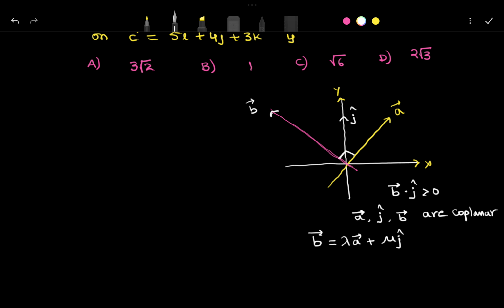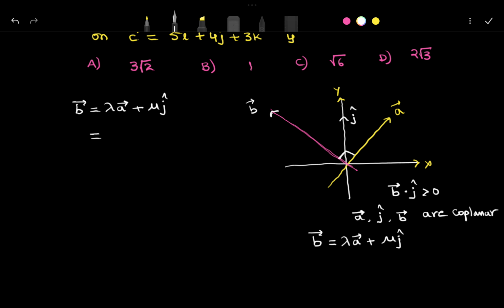A bar vector is given and j cap is the unit vector. So by substituting, b bar equals lambda into a bar plus mu into j cap.